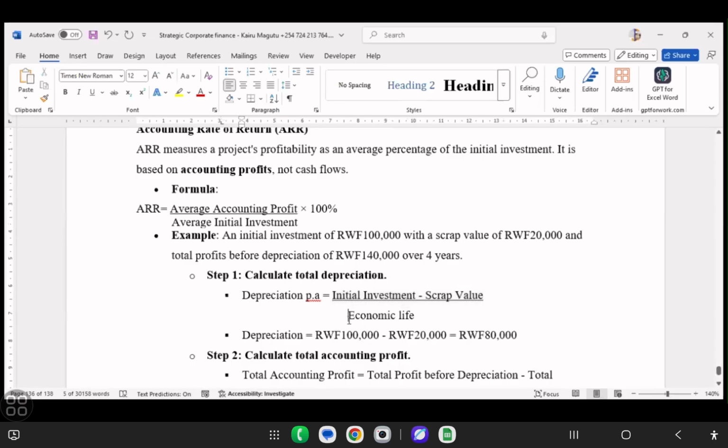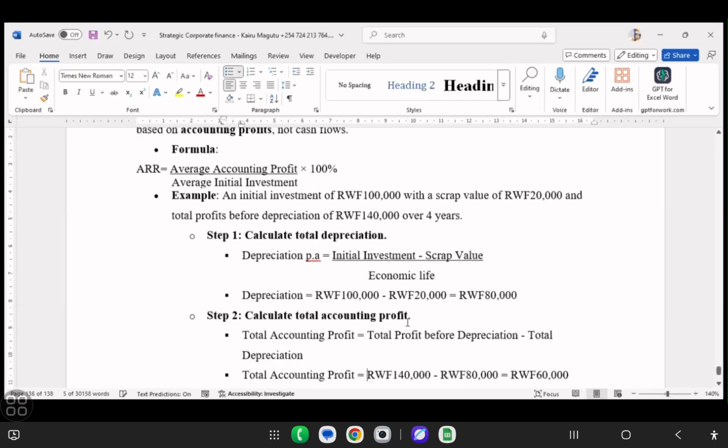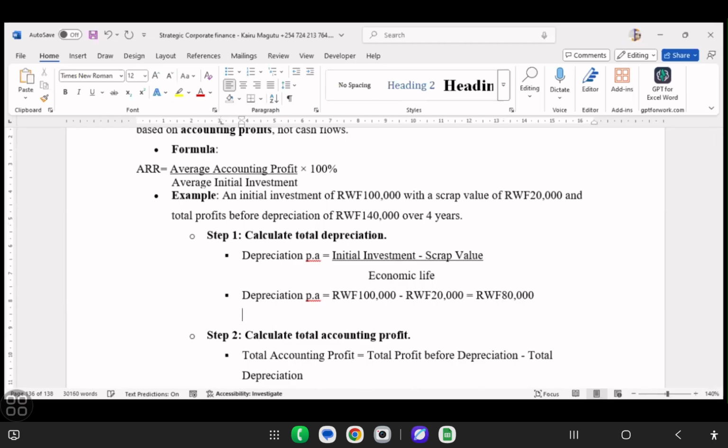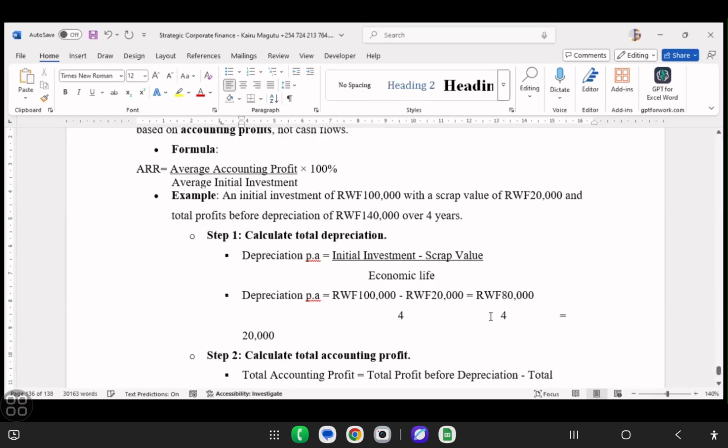So in our case here, we need to get the depreciation per annum, not total depreciation. This project has 4 years, so we divide by the 4 years, and as a result, we'll have a depreciation equal to 20,000 per annum.